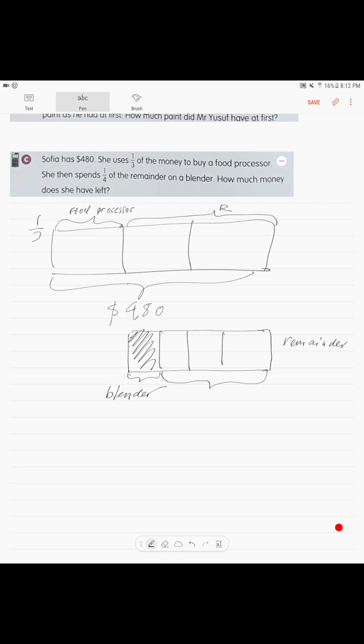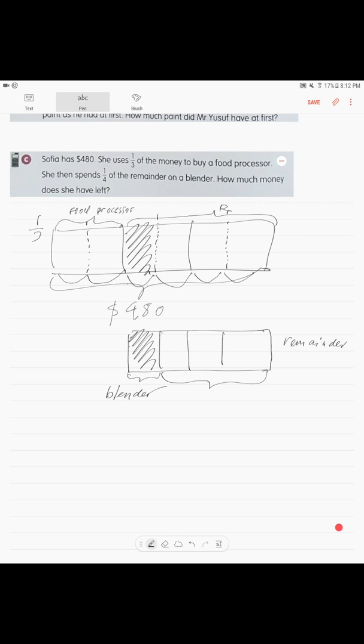Again, if you draw everything correctly, you're gonna see, right? So basically, this remainder, you're gonna split in half. These 2 parts, you're gonna split in half, and you're gonna have your 4 units. And this also, you're gonna split in half. You're gonna have your 2 units, right? And this one was used for a blender.